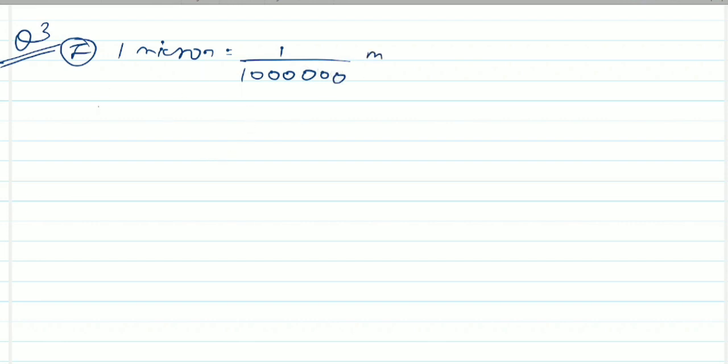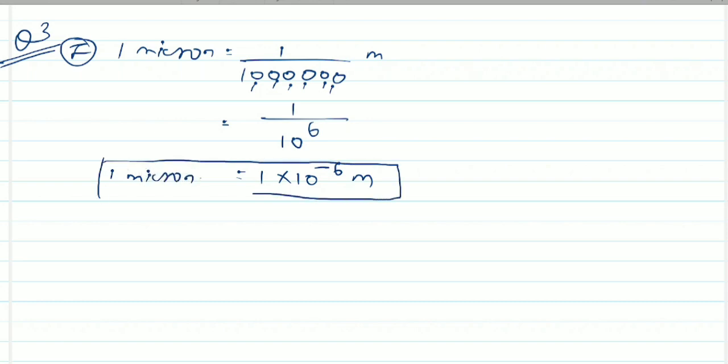So it's very simple. 1 micron you can write like this, mu, or you can just write it as 1 micron is equal to, just convert this, it will be 10 raised to power 6. 1, 2, 3, 4, 5, 6 zeros. Then you take it in the numerator, sign of the power is changed, that's it. That's the end of the question, simple. 1 micron is 1 into 10 raised to minus 6 meter.